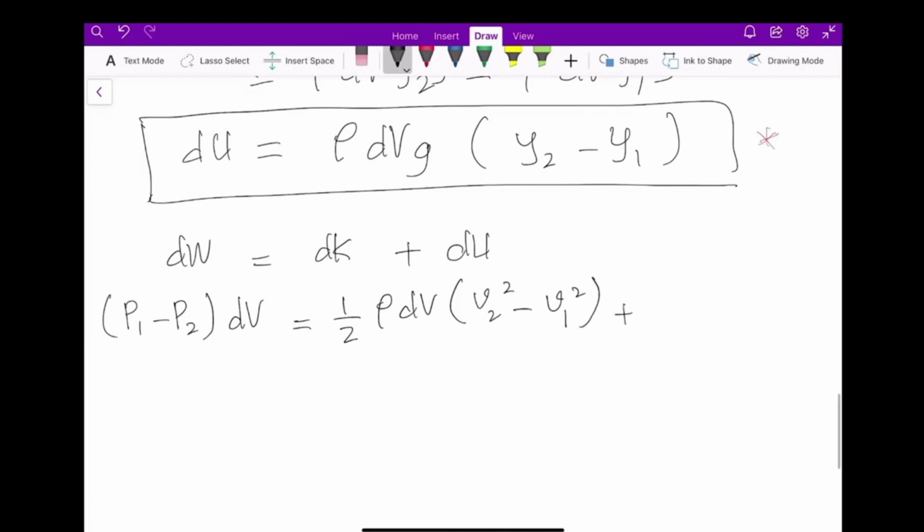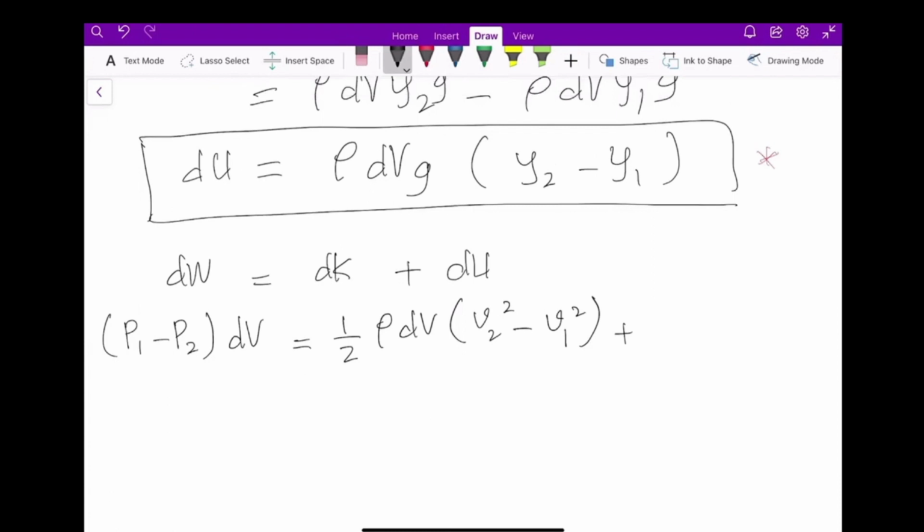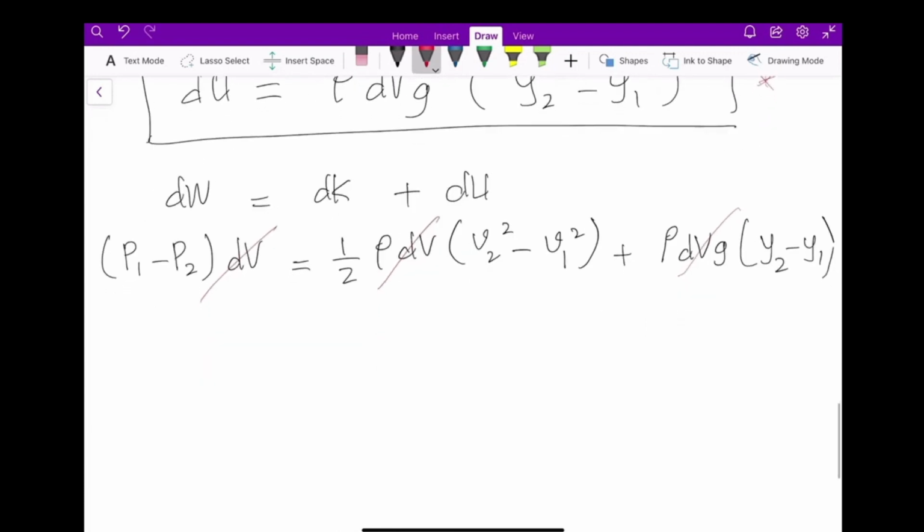And then we have the potential energy term, which equals rho dV multiplied by g multiplied by the difference in the elevation, y2 minus y1. If you notice, there is one term that we can cancel out. We have dV on the left, dV on the first term on the right, and dV on the second term on the right, so we can cancel this term all together.